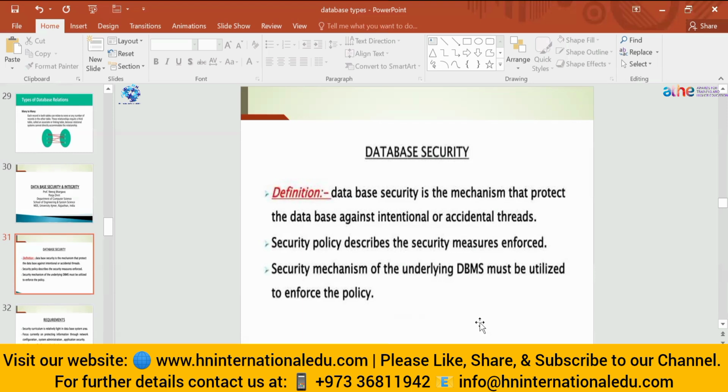Basically, database security is the mechanism that protects the database against intentional or accidental threats.